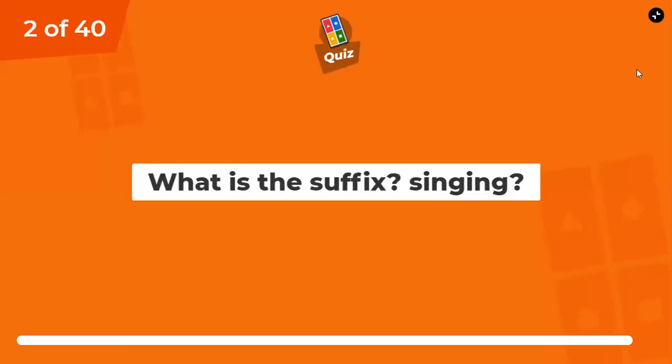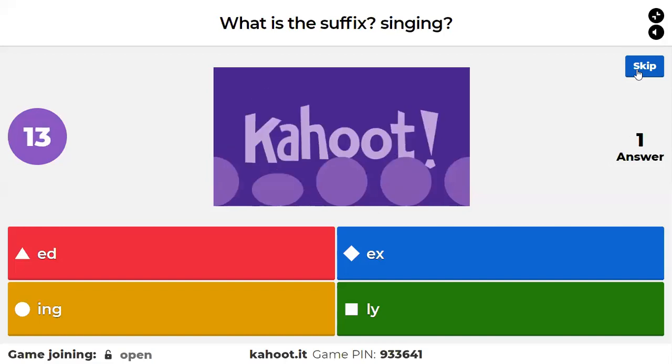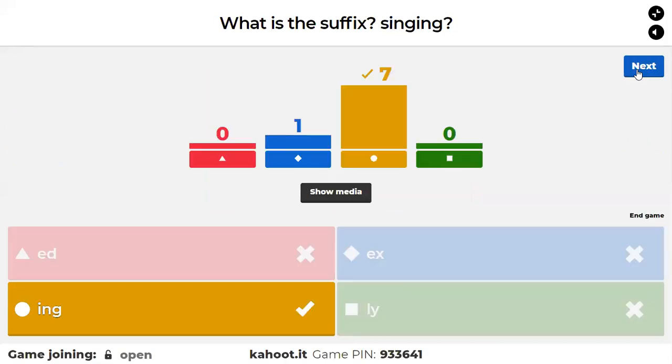What is the suffix in singing? Yes, it's ing, singing. The suffix in singing is ing.